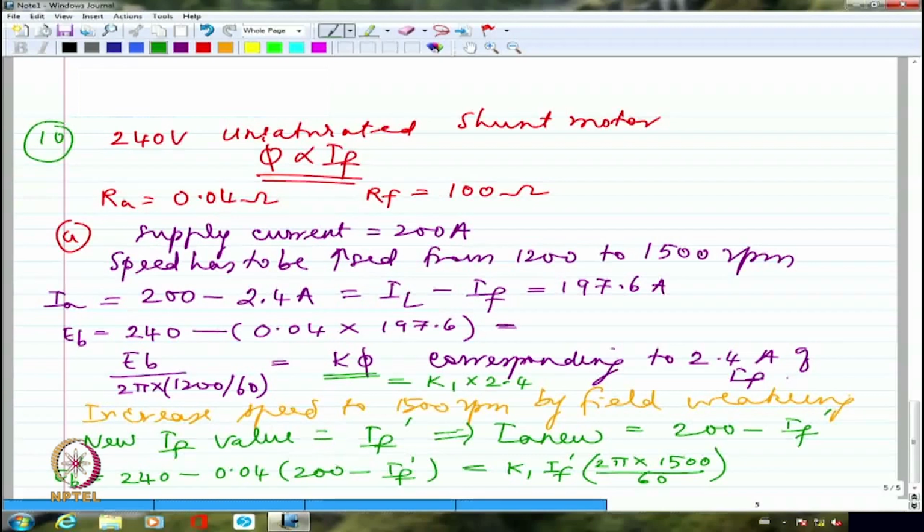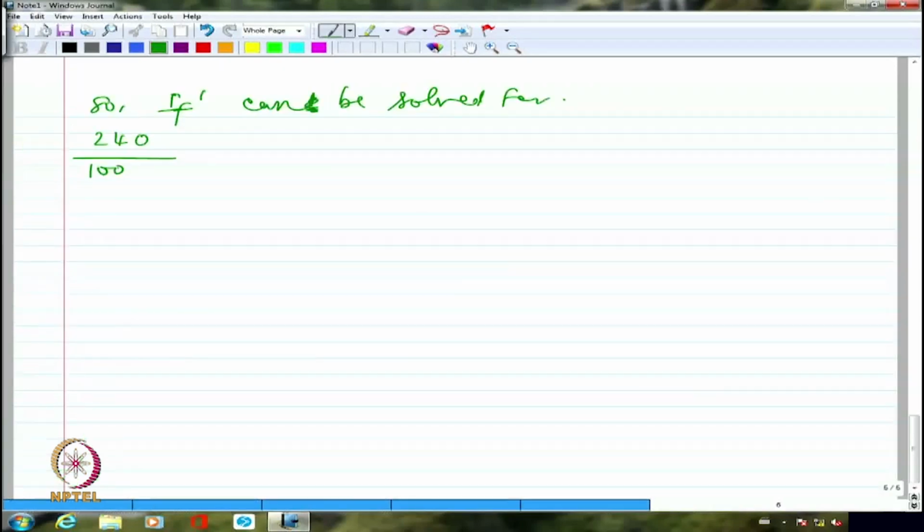You should say 240 divided by 100 plus 100, where 100 was the original resistance. Some are external. I think they are asking for R external, equal to IF dash, from which you can get R external F. Right?